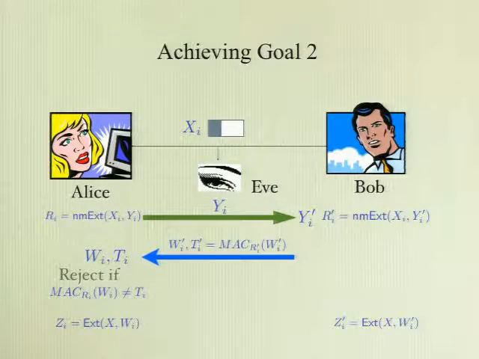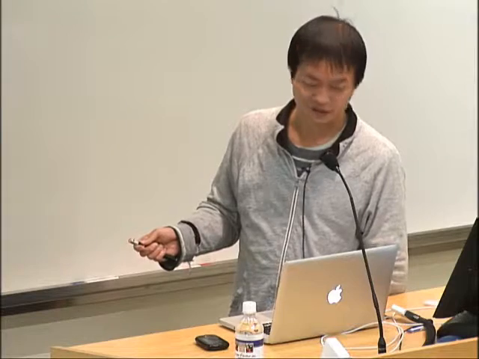Okay, let's see how we can achieve goal 2 here. This graph shows a particular phase. The phase is for the block Xi here. This shows something after the phase of the first good block.